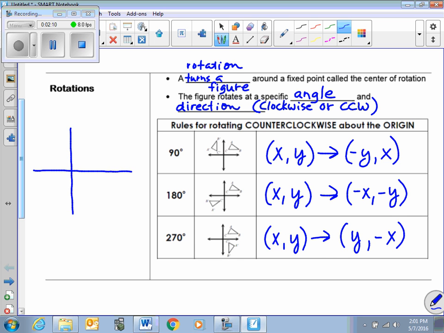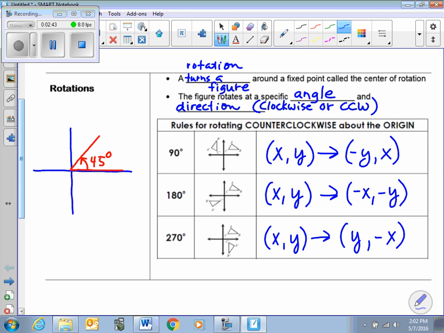If I asked you to sketch in here a 45-degree angle, you would sketch in something like this, I'm going to assume, right? That's 45 degrees. We always measure our angles in a counterclockwise direction unless instructed to do otherwise. So if you're presented with a problem and the direction is not specified, then you're going to assume that it's the standard direction, which is counterclockwise.